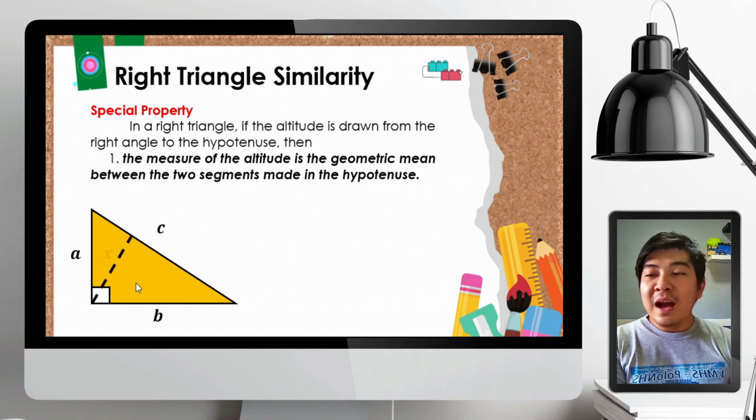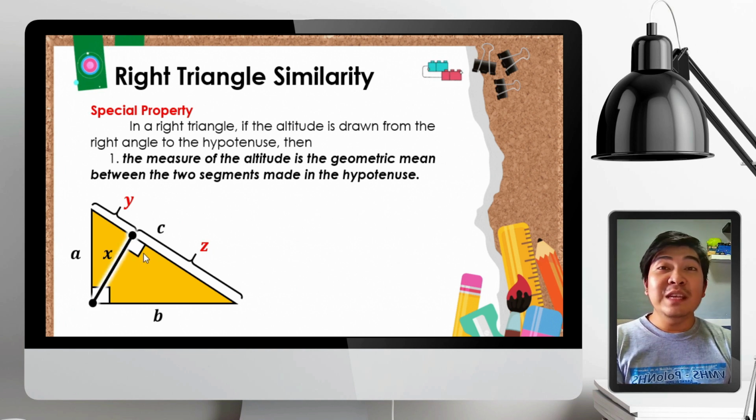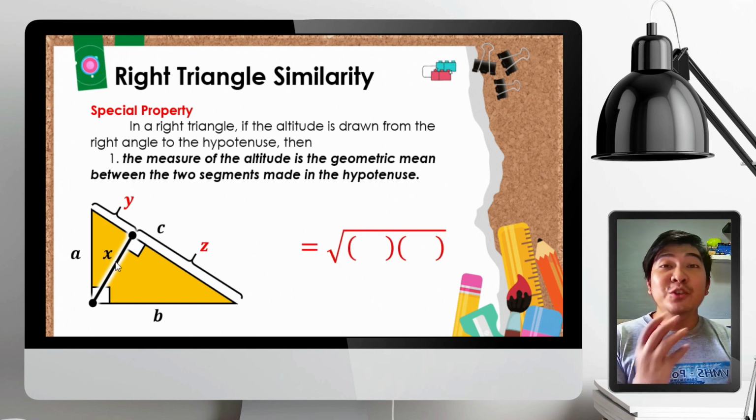So let us now have, okay, so this will be our altitude. We have altitude X. And if you can see, nakabuo tayo ng mga segments upon drawing the altitude. We have segment Y, yung malapit kay A, and then segment Z, yung malapit kay B. So in order for us to get the measure of the altitude, or X in our case, we will just need your geometric mean.